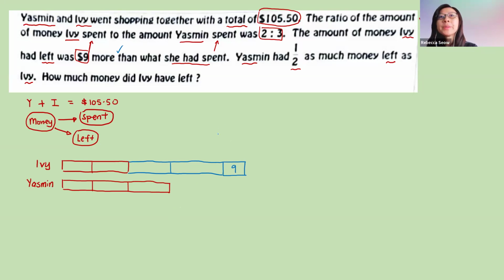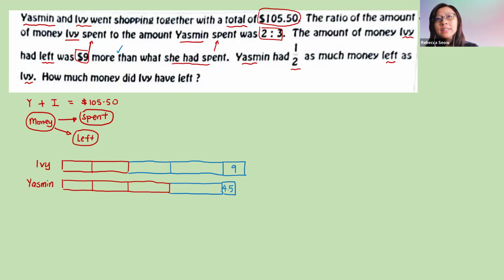If Ivy has 2 units in blue and $9 left, half of this would mean 1 unit. If I half the 2 units, I get 1 blue unit. If I half the 9, I will get $4.50.